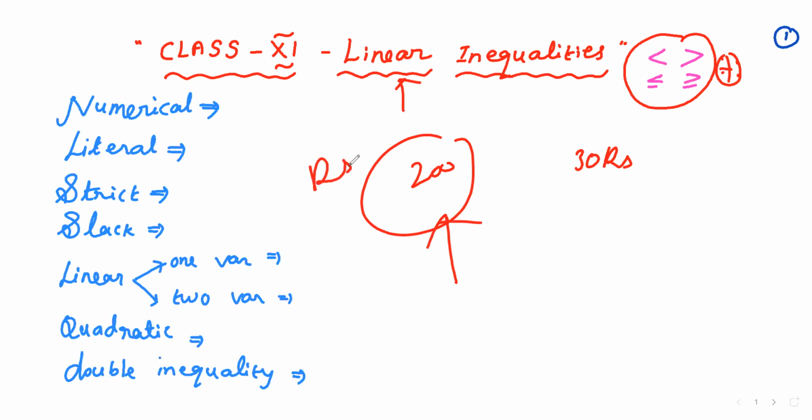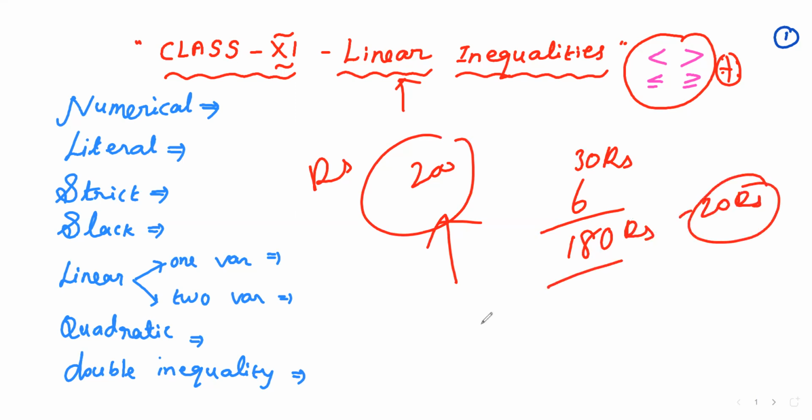But you can't spend the entire 200 rupees on burgers, because if you buy 6 burgers, it will cost 180 rupees, but you will have a remainder of 20 rupees. So you can't spend the entire money. Always you have some remainder in your hand, right?